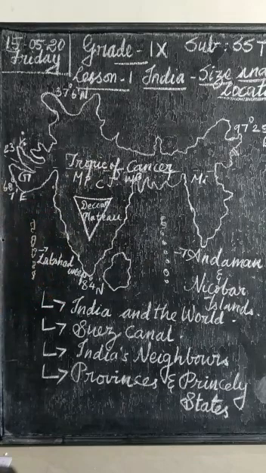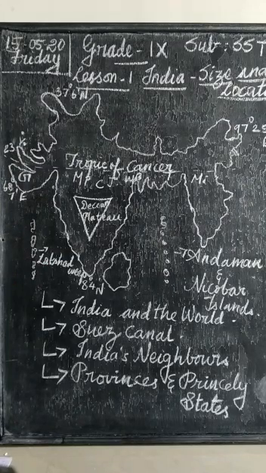The total geographical area of the landmass of India is 3.28 million square kilometer. The country has a land boundary of about 15,200 kilometer.